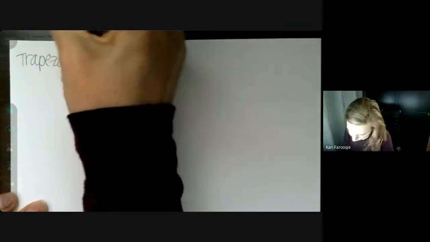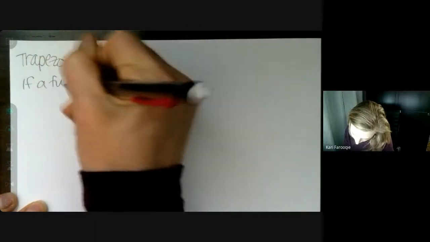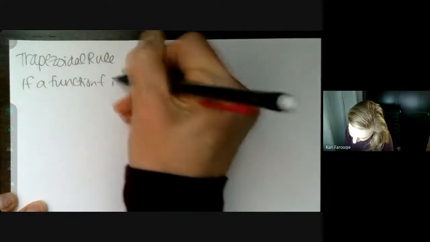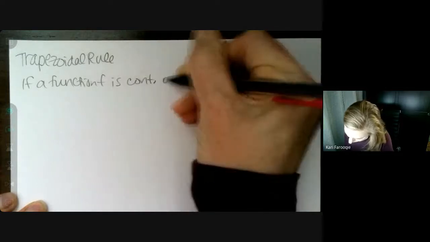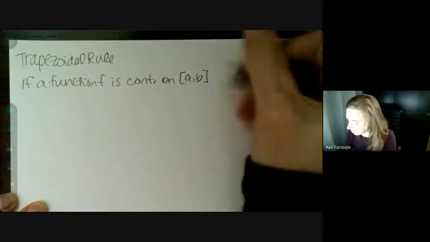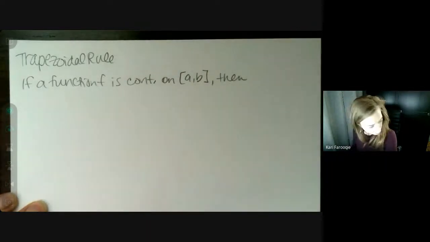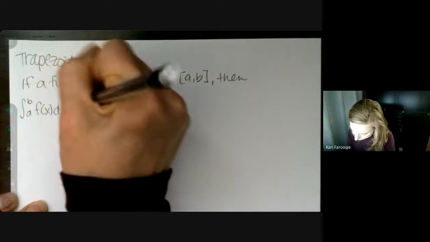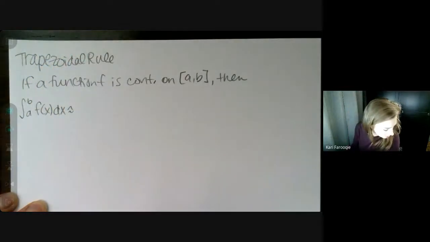If a function f is continuous on the closed interval from a to b, then, and here's your formula, the integral from a to b of f of x dx is approximately equal to (b minus a) over 2n.